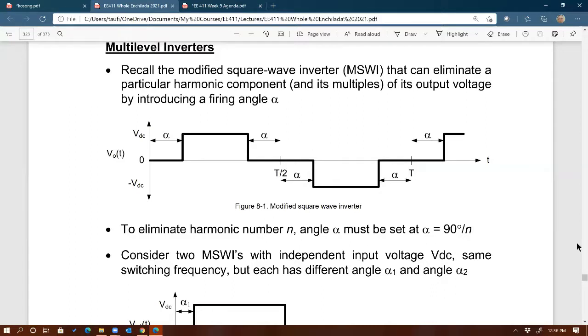This type of waveform, for some applications, should be okay. The reason being, if you think about the power supply for your laptop, or many portable electronics, this AC has to be converted to DC anyway, because internally these portable electronics are operating in DC.